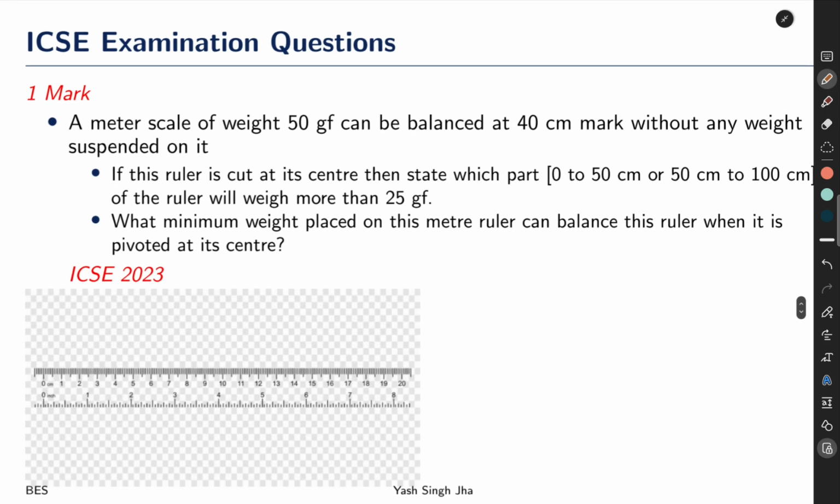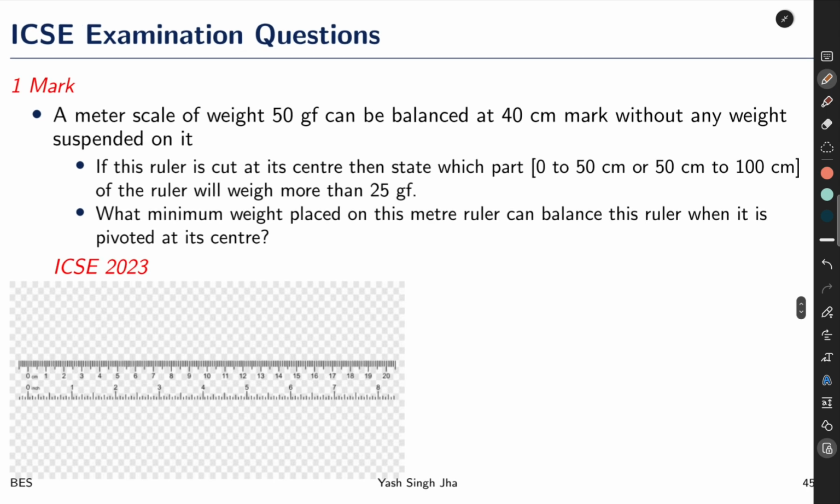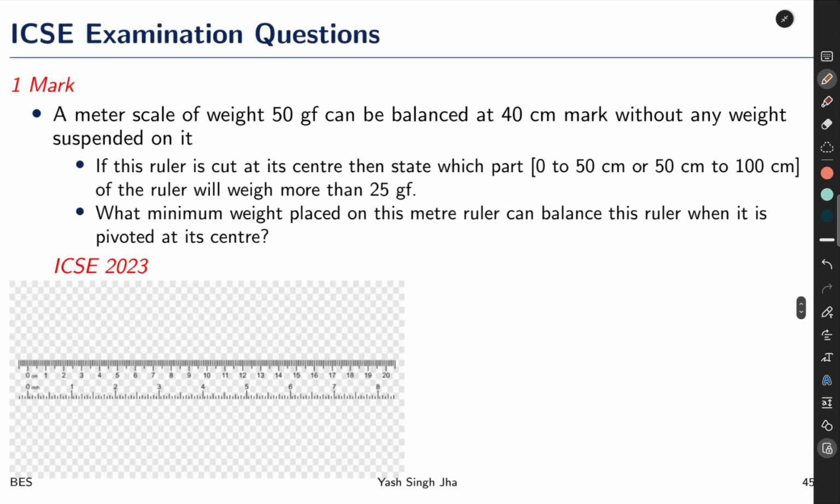A meter scale of weight 50 gf can be balanced at the 40 centimeter mark without any weight suspended on it. So it's not a uniform scale, right? For a uniform scale, it should be balanced at the 50 centimeter mark. A meter scale means it should be 100 centimeters or 1 meter in length.